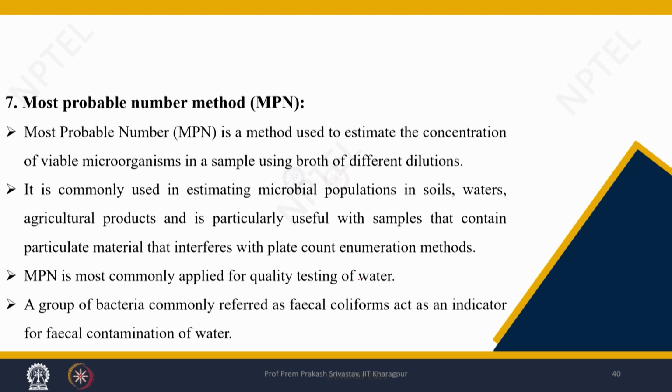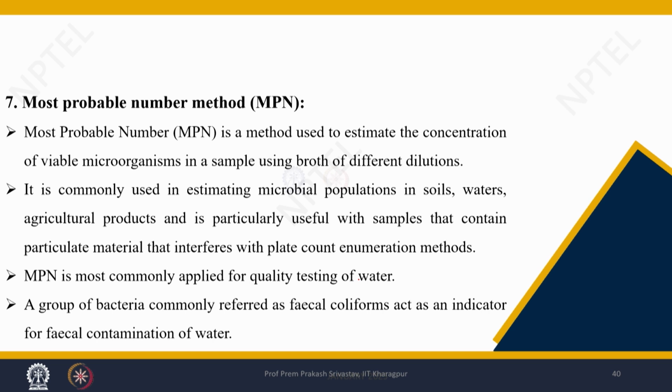It is commonly used in estimating microbial populations in soils, waters, agricultural products, and is particularly useful with samples that contain particulate material that interferes with plate count enumeration methods. MPN is most commonly applied for quality testing of water.